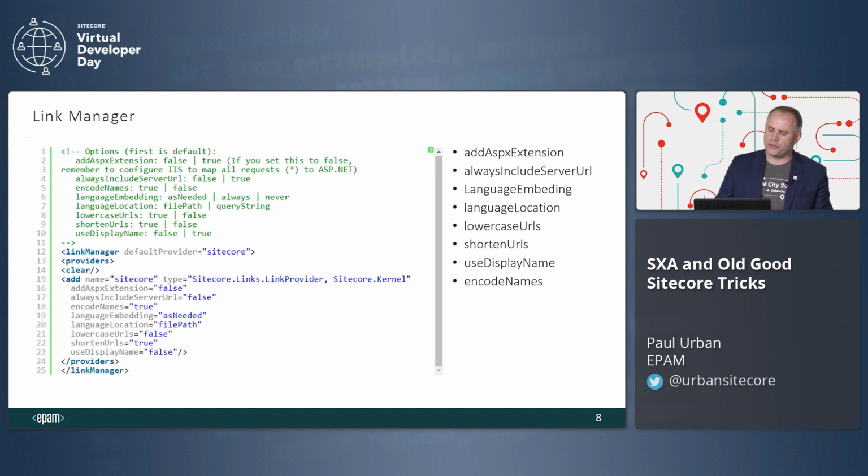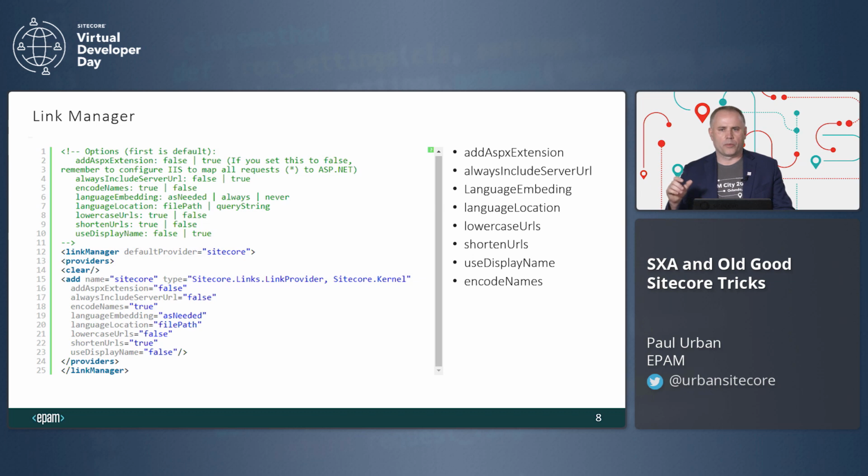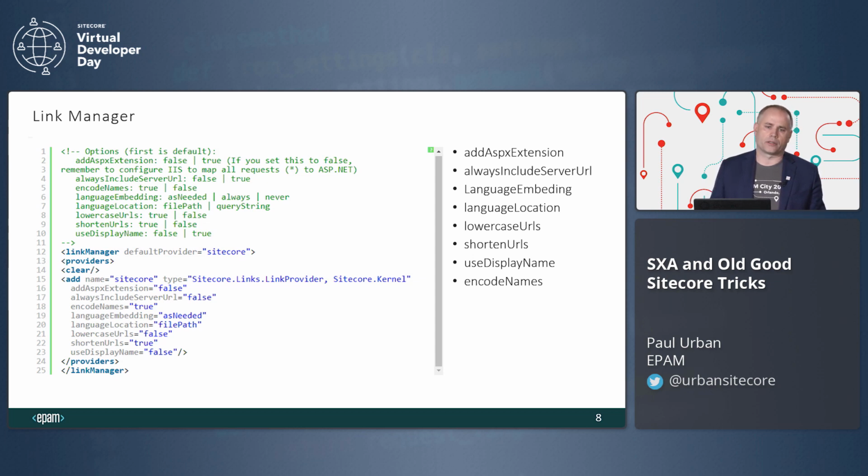It specifies whether to put the language as the first step in the URL path. Language embedding was one part, but we can also say we're never going to have the language embedded as a prefix in the URL, but we're going to have the parameter sc_lang, and then we define the language. Something that is probably more used when you're editing your website in the Experience Editor, for example.